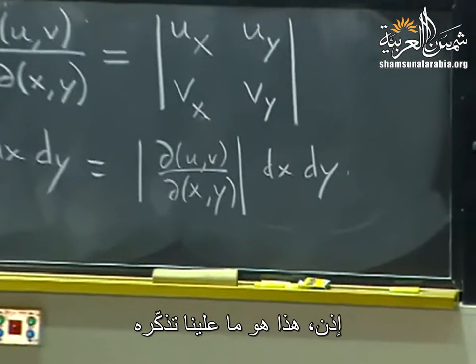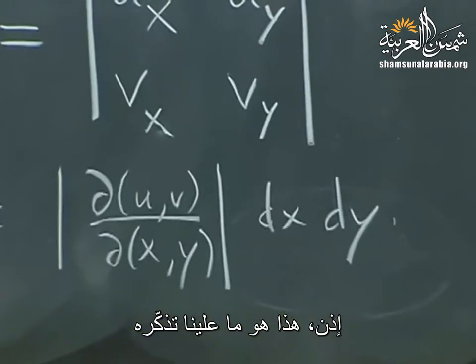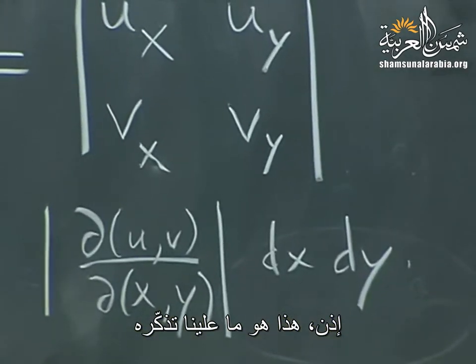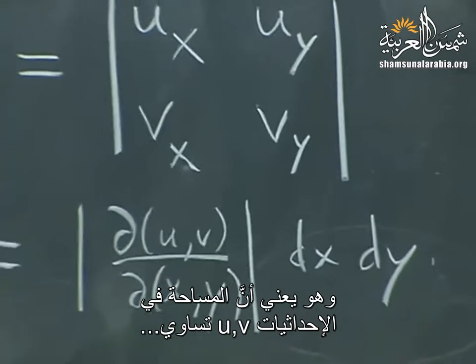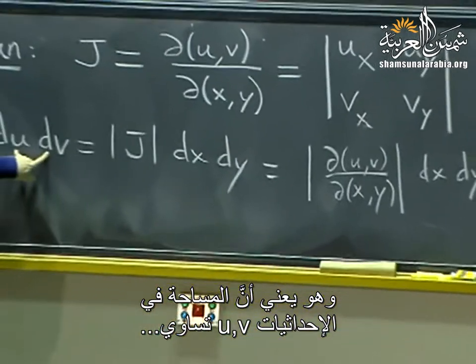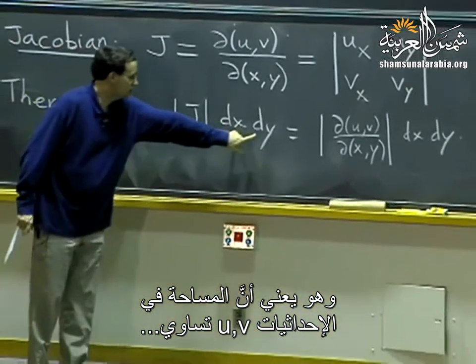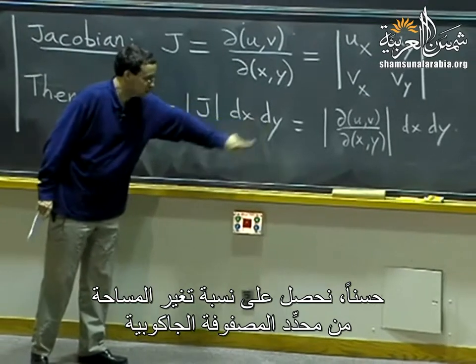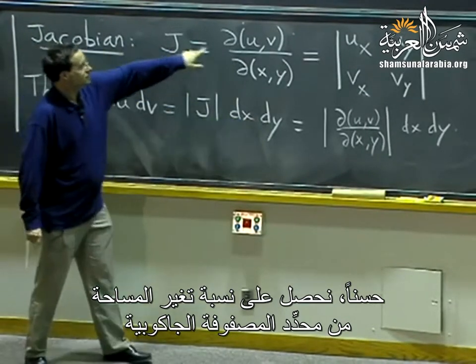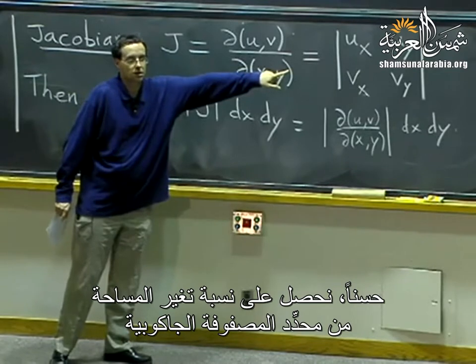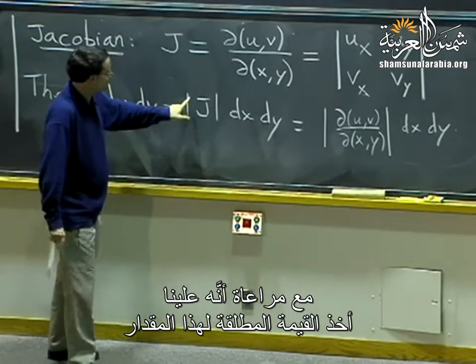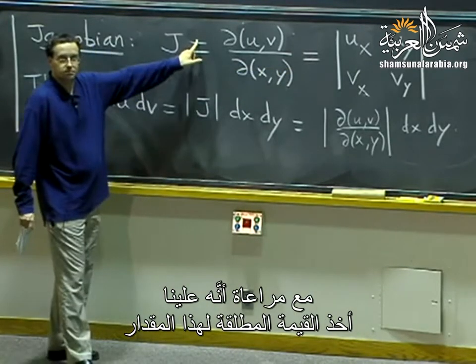This is just what you need to remember, and it says that the ratio of the area in uv coordinates to the area in xy coordinates is given by this Jacobian determinant. Except one small thing: it's actually given by the absolute value of this guy.